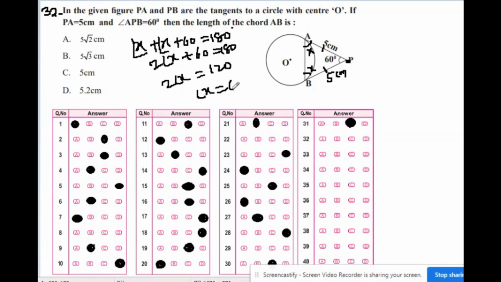Angle x will be 60 degrees. So this angle will be 60, and also this. If all angles are equal, then it is an equilateral triangle. We all know that in an equilateral triangle all sides are equal. If it is 5 centimeters, 5 centimeters, obviously the length of the chord will also be 5 centimeters. So the correct option for this question is C.